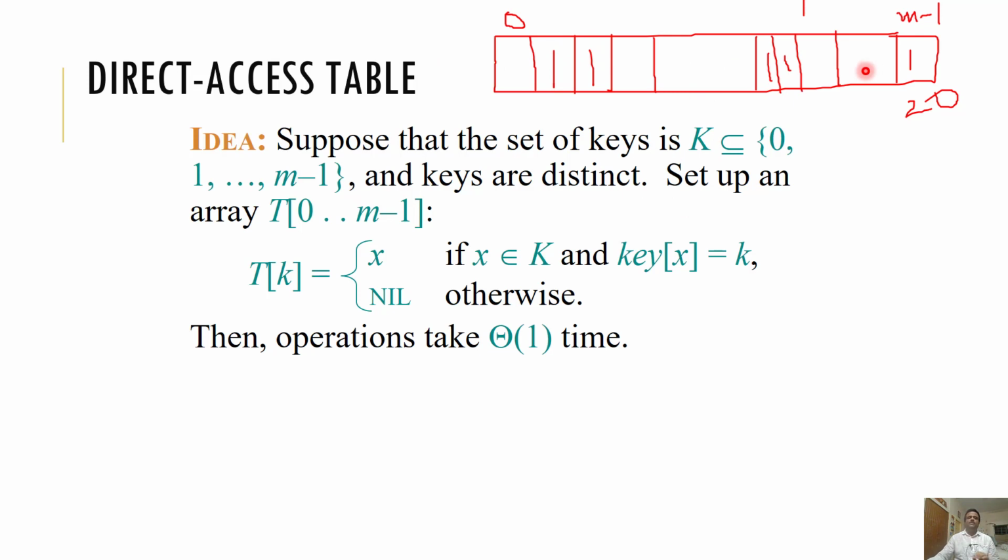Now, this has a problem, and before the problem, let us think about the time for doing those operations, insert, delete. Suppose we want to insert say 3, so this is the third position T3, so we can insert this record, that means we can insert a 1 over here.